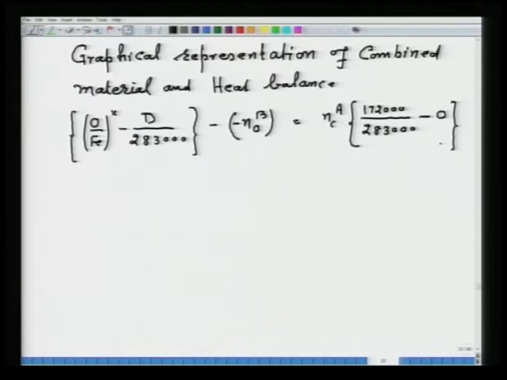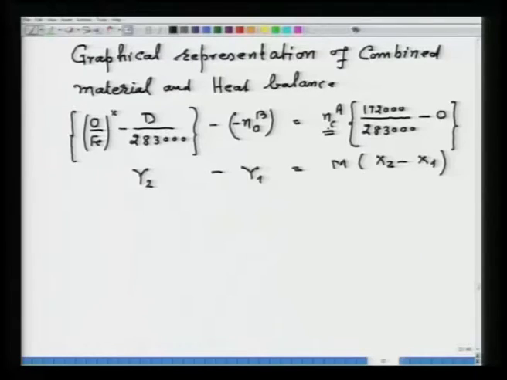So, this equation is now the same as y2 minus y1 equal to m times x2 minus x1. That means, if I plot y2 minus y1 against x2 minus x1, the slope of the line will give me the value of NCA.